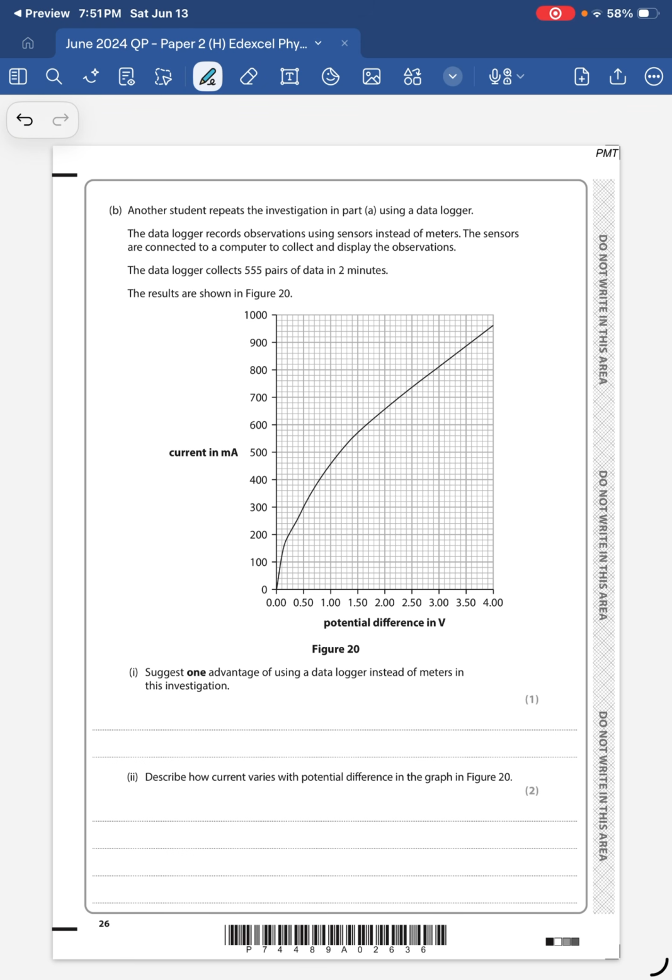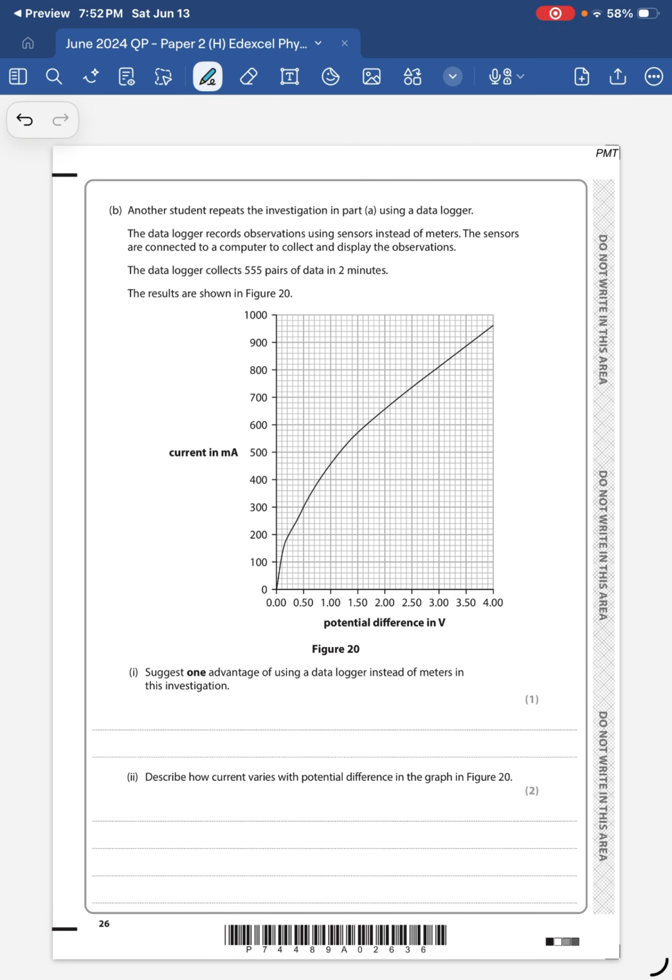Okay, so let's continue. The data logger records observations using sensors instead of meters. The sensors are connected to a computer to collect and display the observations. The data logger collects 555 pairs of data in 2 minutes.